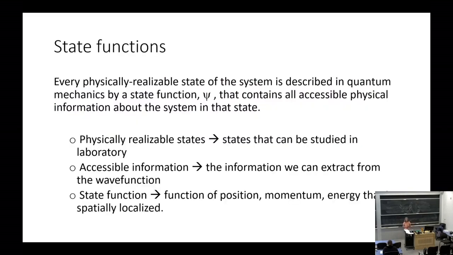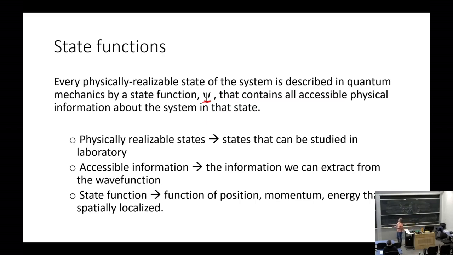So when we think about these state spaces, another lens to look at this through is to say that every physically realizable state of the system is described by a state function, and that function we usually call psi. And that function contains all the accessible information about the system in that state. And we can define some properties of this state function.